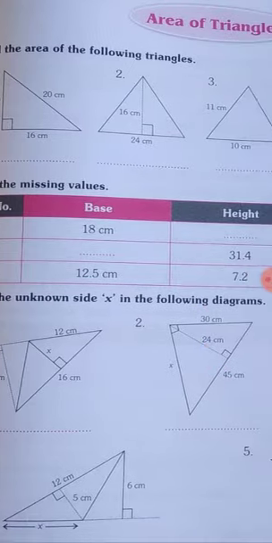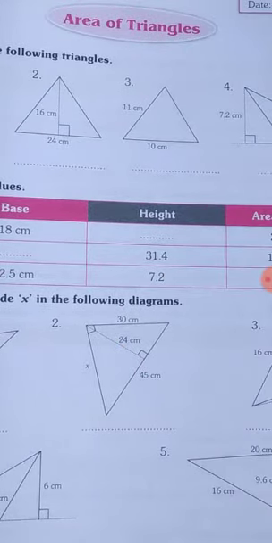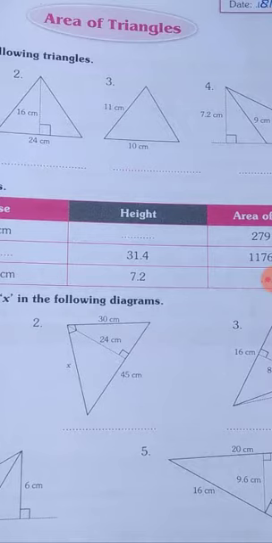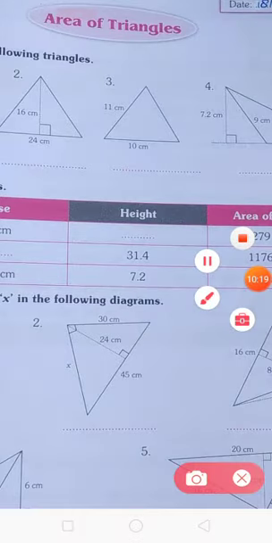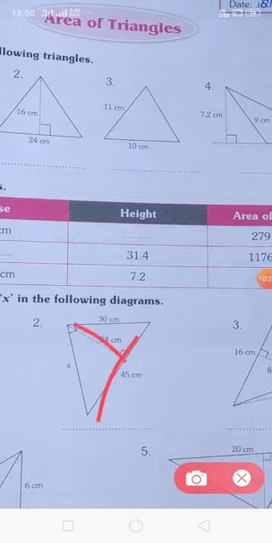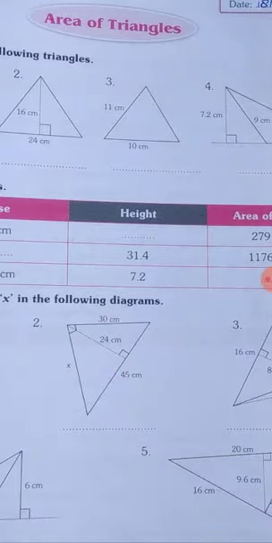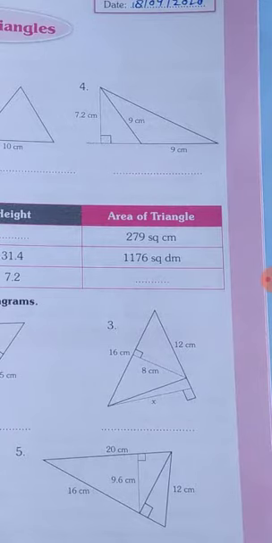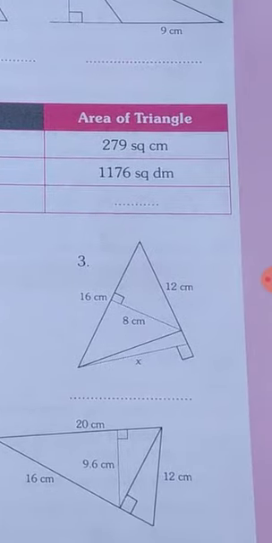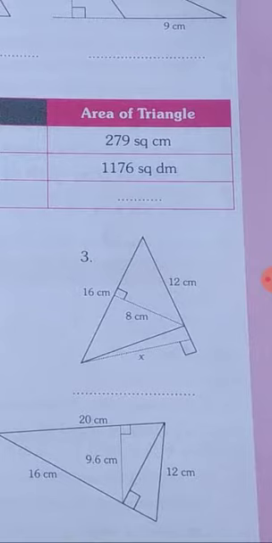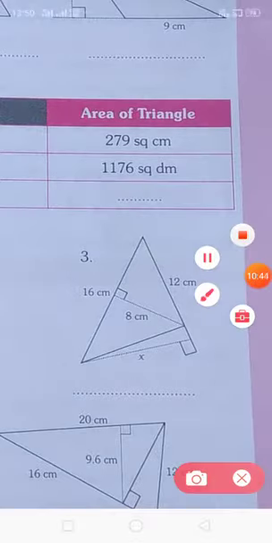Now we move on to another question. Here you also do the same problem. One time this is base and height, another time this is your base and suppose this is your height. In this case, if you want to find the value of x, again you identify what is your base and what is your height.